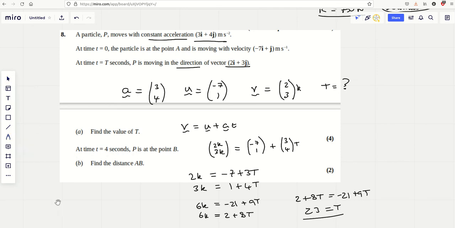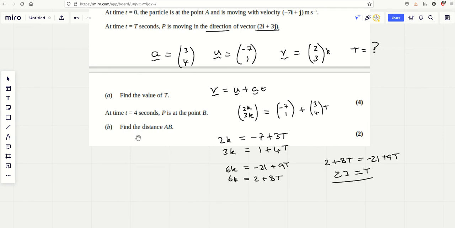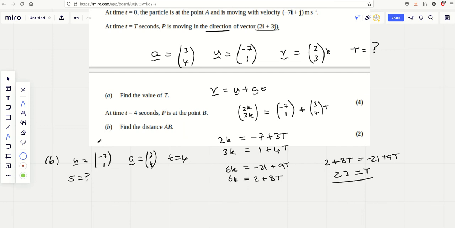Okay, at time t equals 4, P is at the point B. Now, I don't even think you need any of the previous answer for this question. We just need to find where it is after 4 seconds. Well, we've got the same setup really here. U is minus 7, 1. A is 3, 4. T is 4. Find S. And did it start at the origin as well?